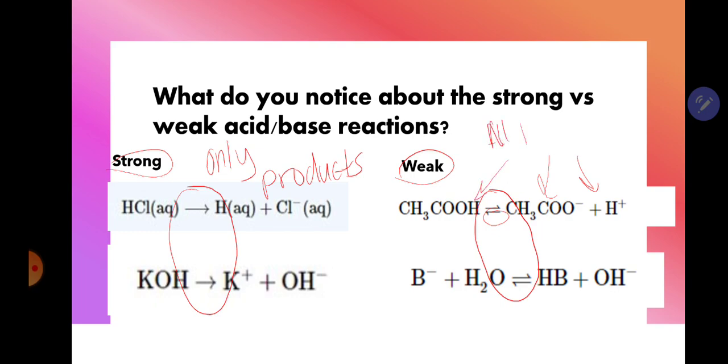So all of these are possible products. Again, the strong ones dissociate 100%, whereas with the weak ones, sometimes you get ions, sometimes you don't.